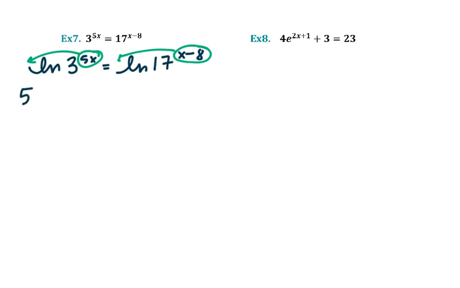So I have 5x ln 3 equals x minus 8 ln 17. On the left, I didn't need parentheses, but on the right, I need to make sure I use parentheses because ln 17 is a number, and ultimately I'm going to end up distributing that ln 17 to both values there.